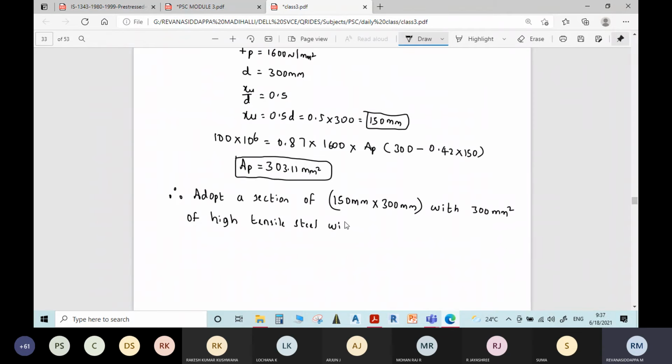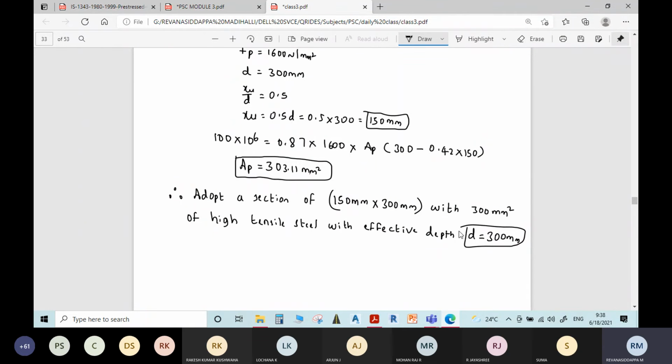With effective depth D is equal to 300 mm. So effective depth is 300 mm. If you choose, you have to give some cover, right?